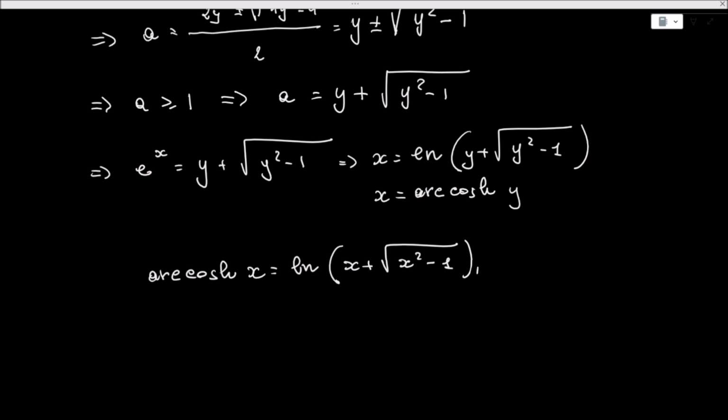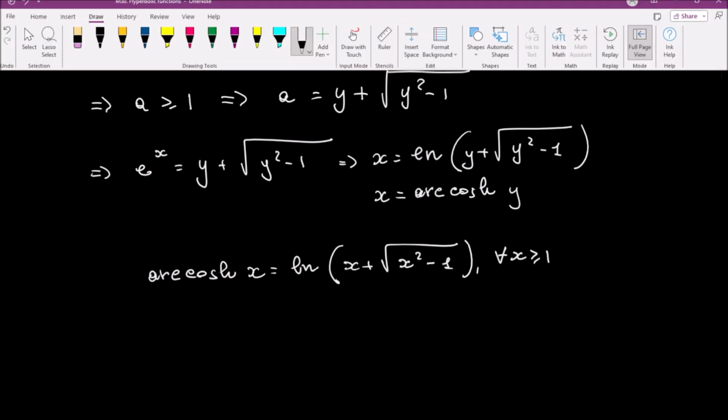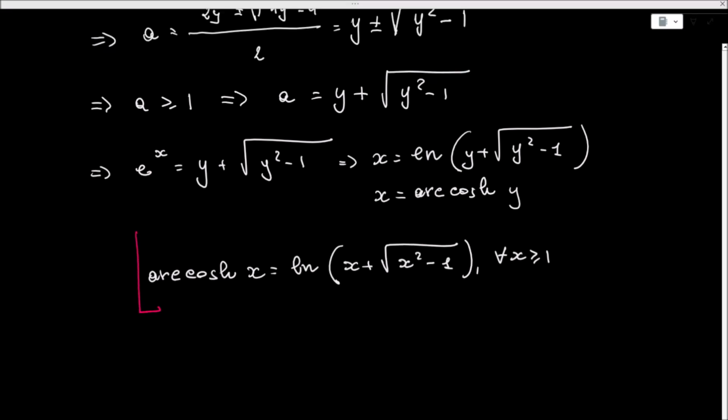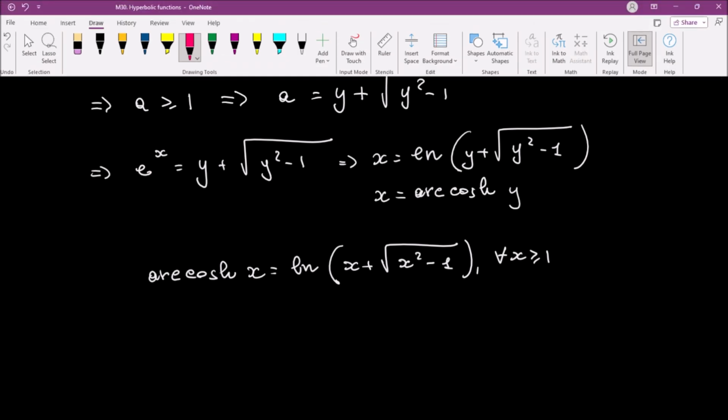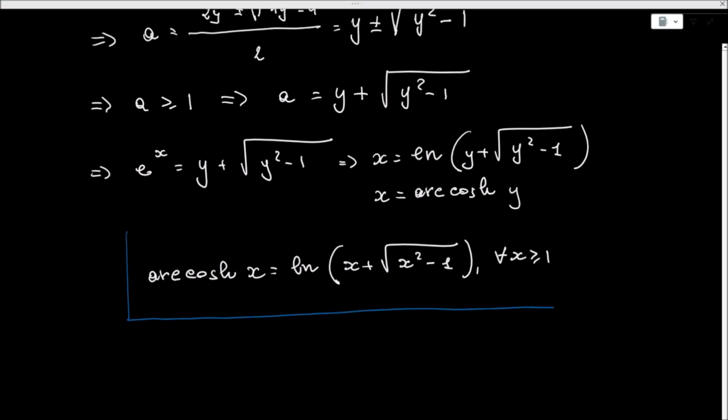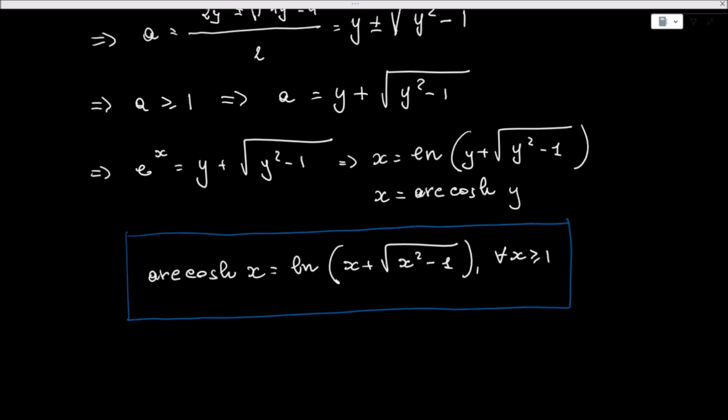And this is true only for x larger than or equal to 1. And in fact, you see that once again, if x is larger than or equal to 1, the argument of the logarithm is positive, which is consistent with the definition of the logarithm. So this is the inverse function for the hyperbolic cosine of x.